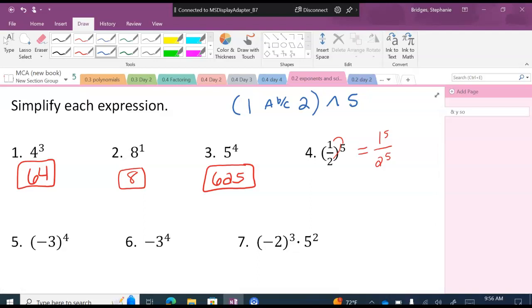Did your calculator give you an answer as a fraction? Okay, if it didn't, we can show you how to get it there. But what is the answer that it gave us? 1 over 32. Okay. If it did not give you a fractional answer, let me know. I can come show you. You got that right.